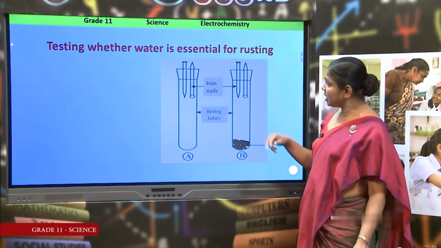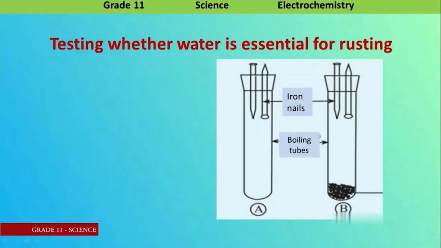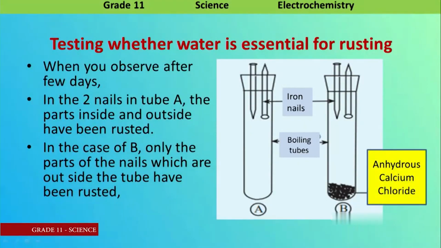For this, we have to take 2 boiling tubes, children, and for one tube, anhydrous calcium chloride is inserted. The purpose of inserting anhydrous calcium chloride is to absorb water vapor inside the tube, children.